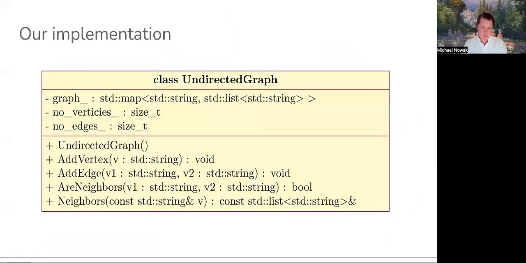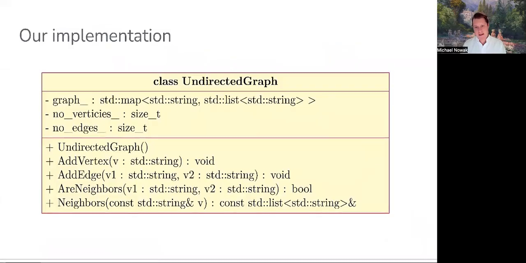The functions or behaviors for the undirected graph type are going to be a default constructor, which has very limited behavior. It's effectively going to initialize number of edges and number of vertices to 0 and default construct that standard library map. Then we'll get into some more interesting behaviors, such as the addition of a vertex into our graph, and creating edges between vertices.